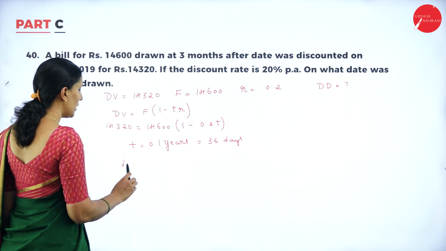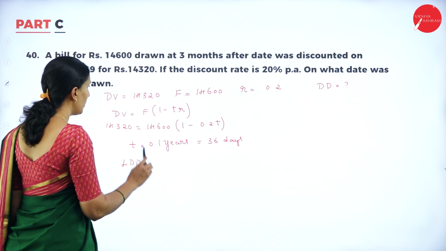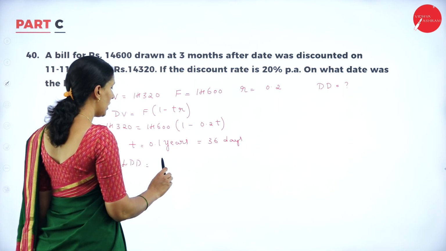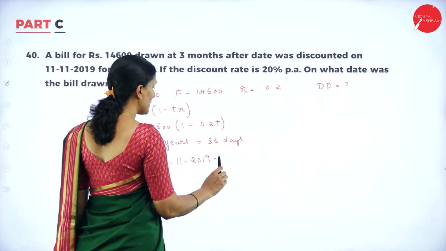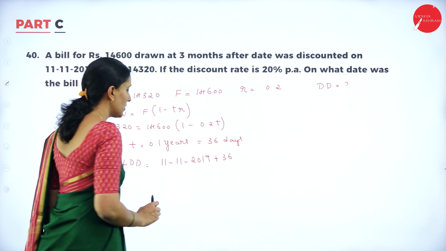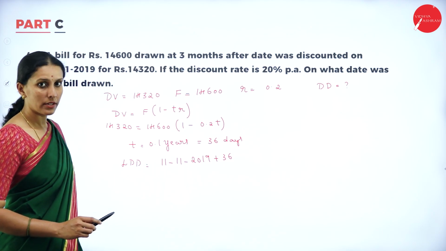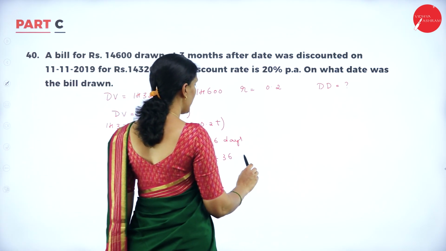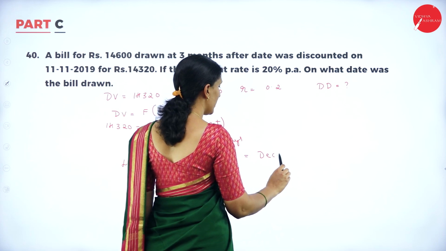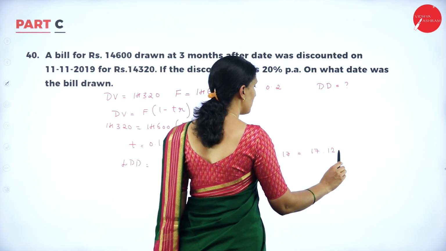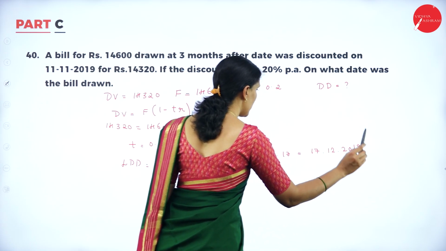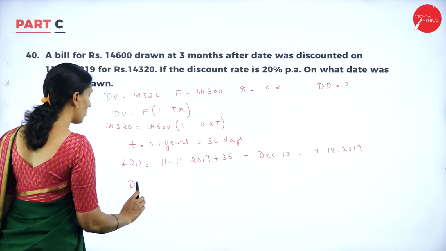Now let's find the legally due date. The legally due date will be 11/11/2019 plus 36 days. 30 days almost comes to December 11, so we have December 17th, that is, we can write 17th December 2019. Now let's find the date of drawing.